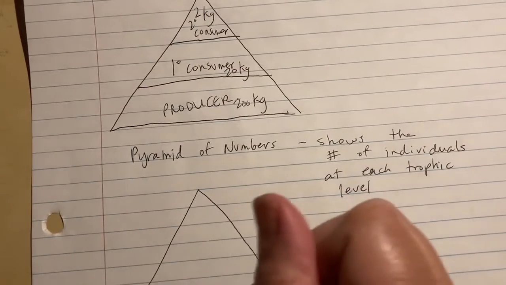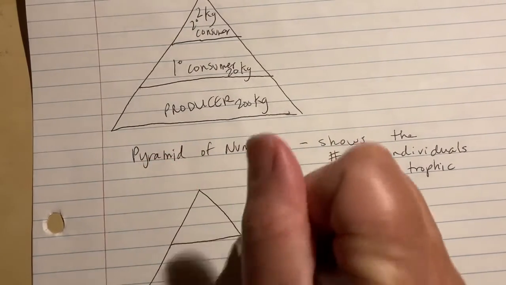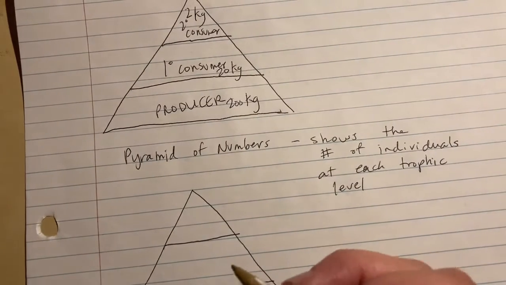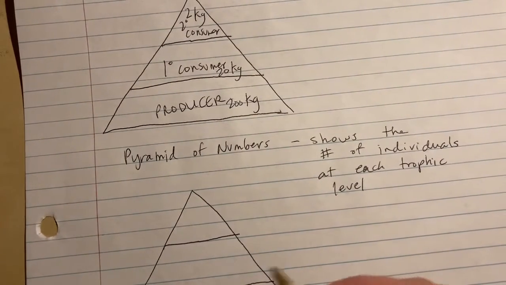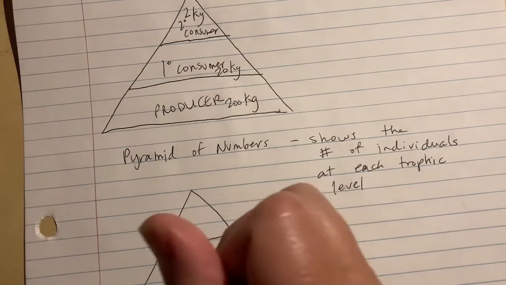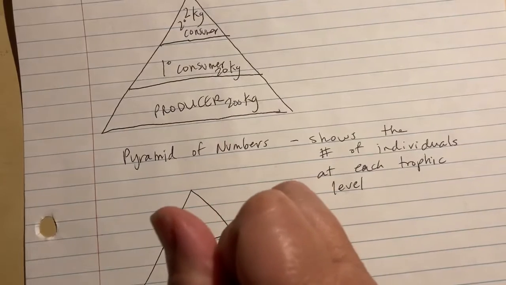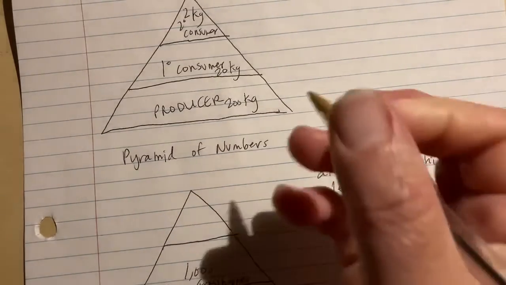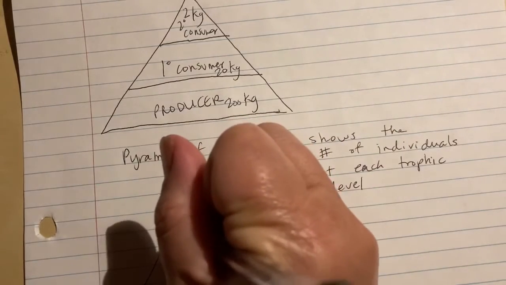So you would have a lot of blades of grass compared to grasshoppers or whatever. So you might have 10,000 grass plants, and 1,000 grasshoppers, and 100 mice or something like that.